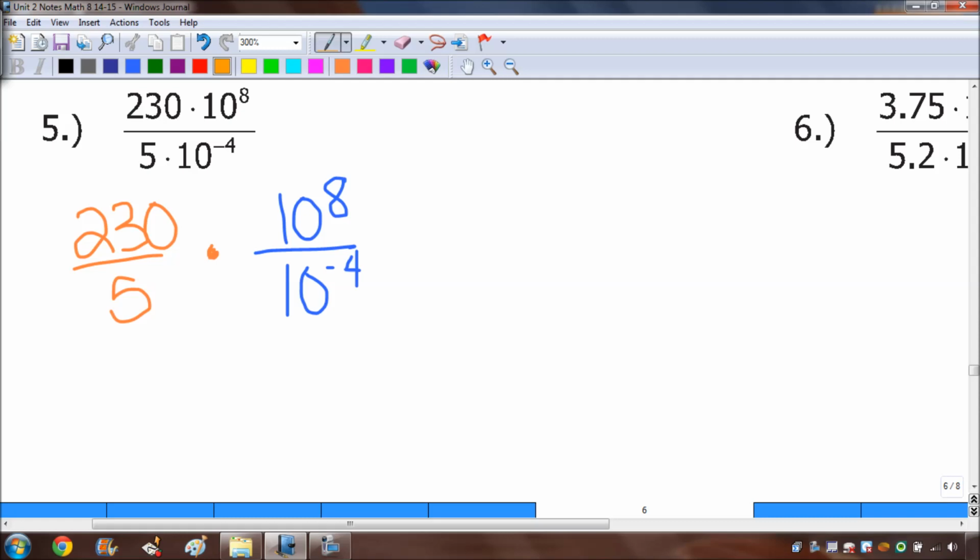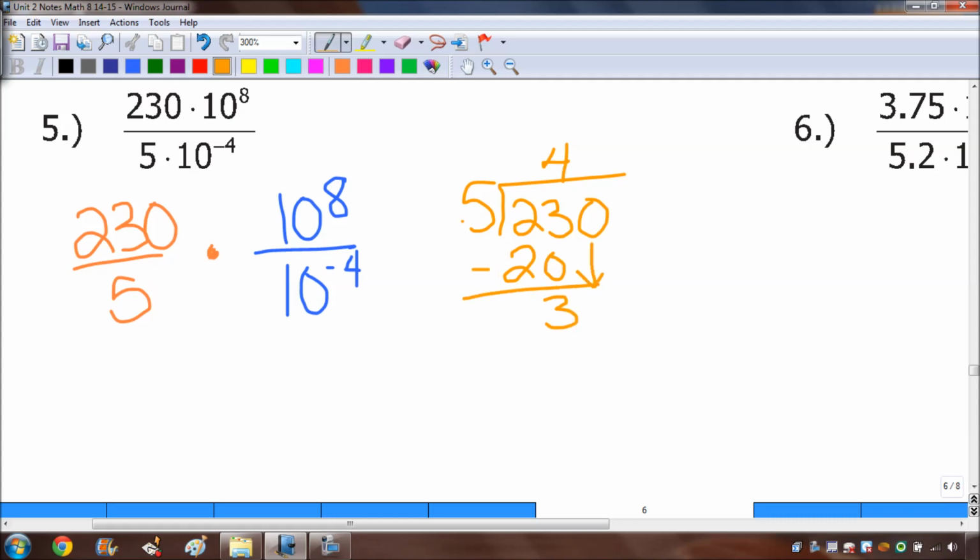So I'm going to figure out how many times 5 goes into 230. Well, 5 doesn't go into 2, but it goes into 23 4 times. So 4 times 5 is 20, subtract them, you get 3, bring down the 0, 5 goes into 30 6 times. 6 times 5 is 30, subtract them, you end up with a remainder of nothing, so I'm good to go.